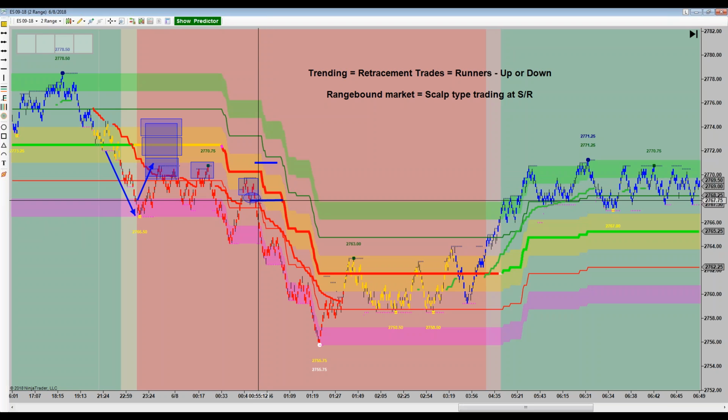In the case of ES, your scalp trade, which is the first contract, you're going to want to pull off at either 4, 5, or 6 ticks. Now, with other markets like NASDAQ and YM that have larger movement, you can put it out as far as 8 or 10 ticks because that first pop is generally almost twice as much as ES.